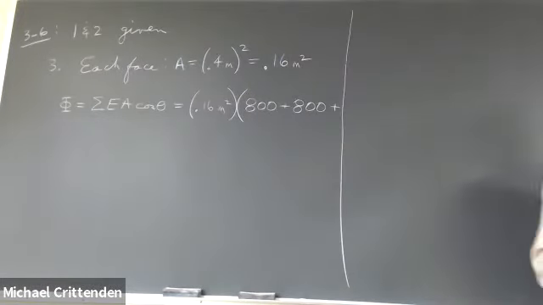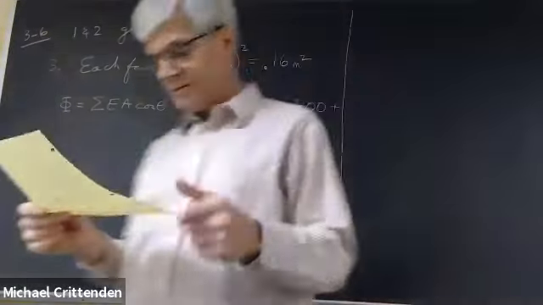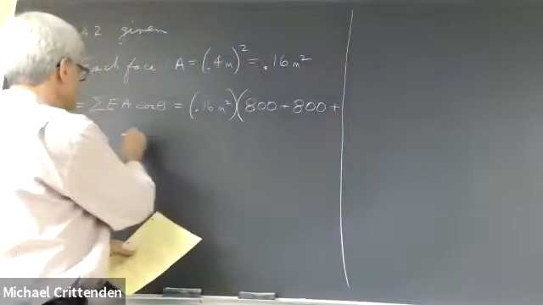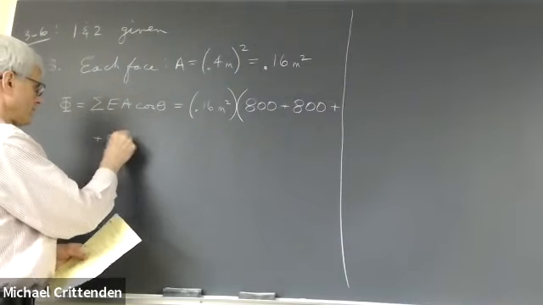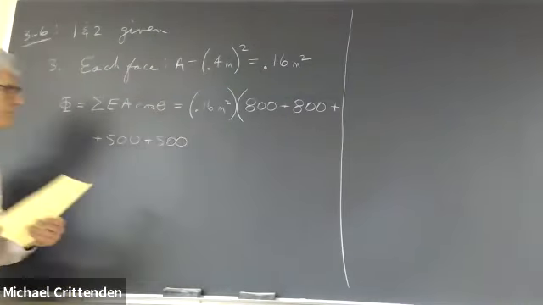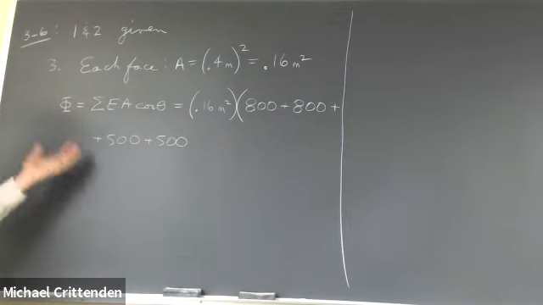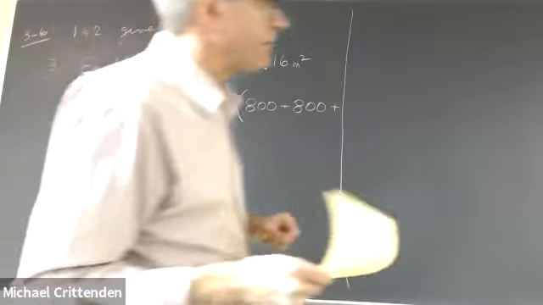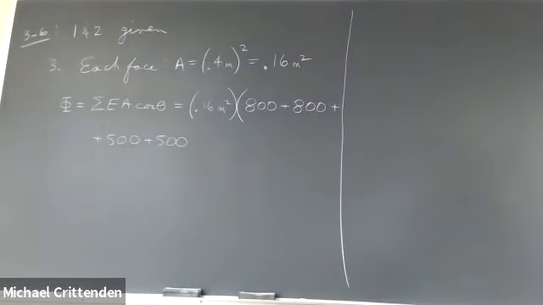Front and back, 500 volts per meter. 500 times the area on the left, 500 times the area on the right.